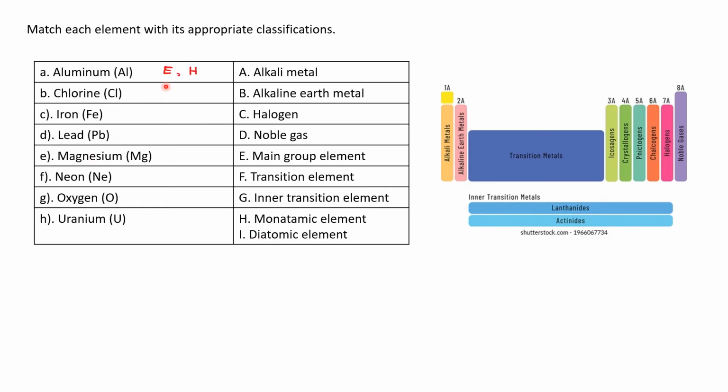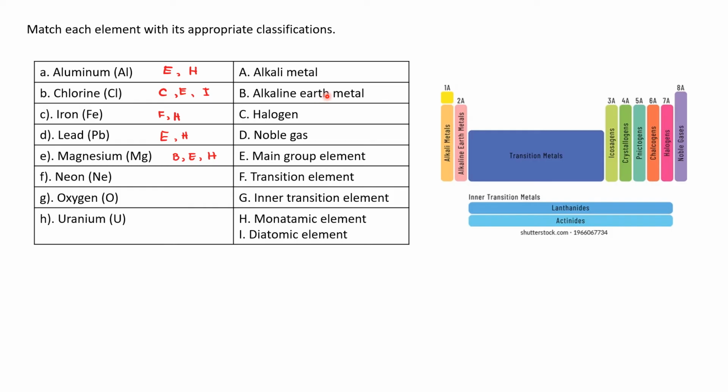Let's take aluminum, and it is a main group element and a monatomic element. Chlorine is a halogen, main group element and diatomic element. Iron is a transition element and a monatomic element. Lead is a main group element and monatomic element.